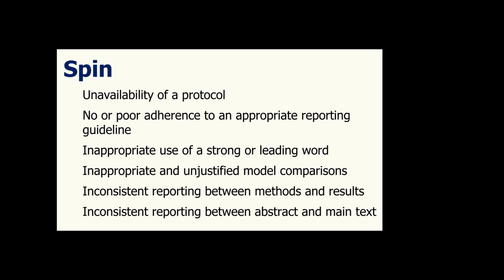We looked at the appropriateness of using strong or leading words, things like novel and superior, which we see quite a lot in these types of papers, and whether they were justified, as well as unjustified model comparisons taking place within these studies. And then we looked at inconsistent reporting between the methods and the results. So in the methods, were they saying exactly what they then reported in the results, or was there a discrepancy there? And also the consistency of reporting between the abstract and the main text.